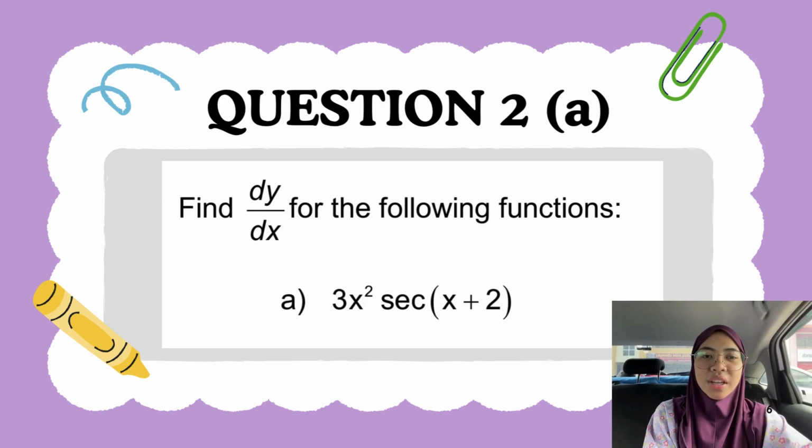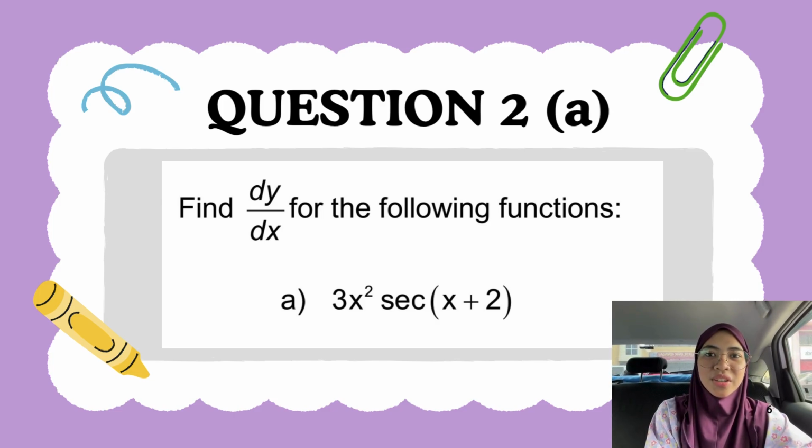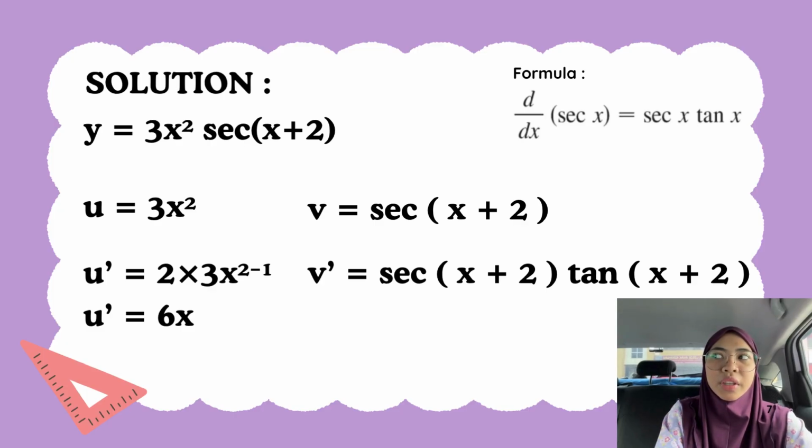For question 2a, I will explain how to find the derivative of the function. This function is a product of two separate functions. The first function is u equals 3x squared. The second function is v equals sec x plus 2.